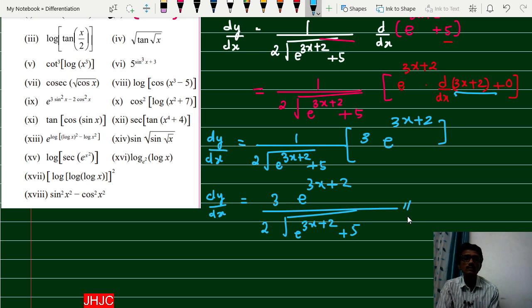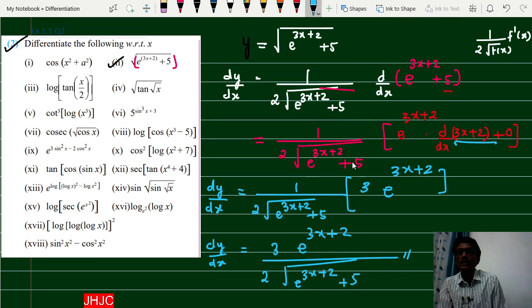Yes, this is the derivative for this second question, and we'll do the next one, this third one.